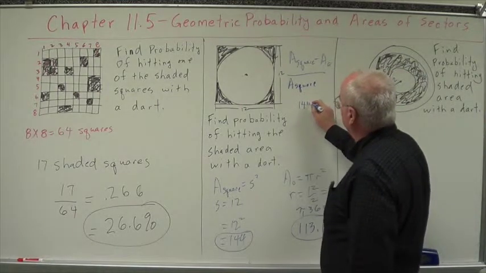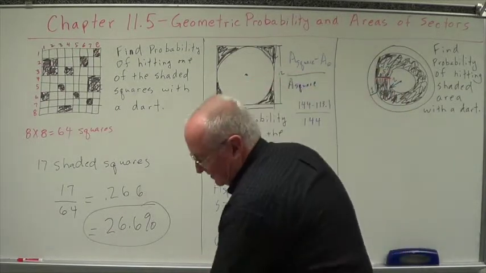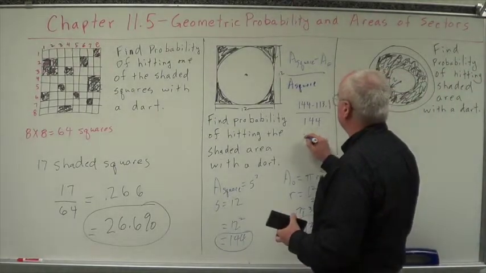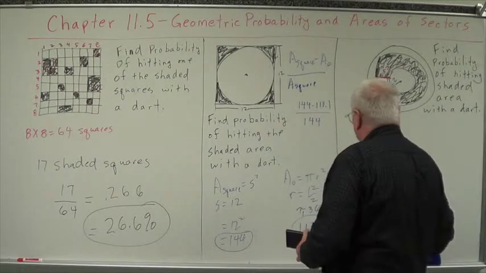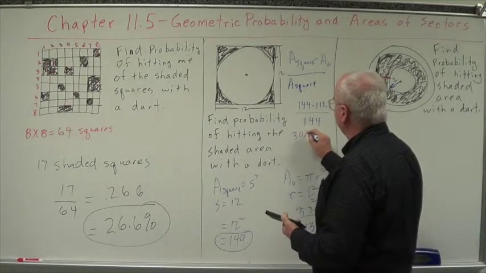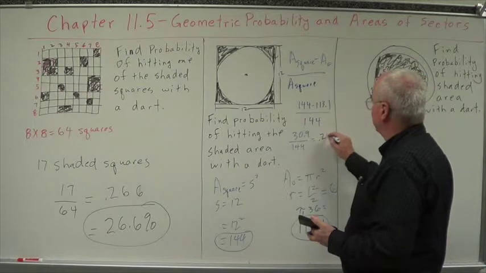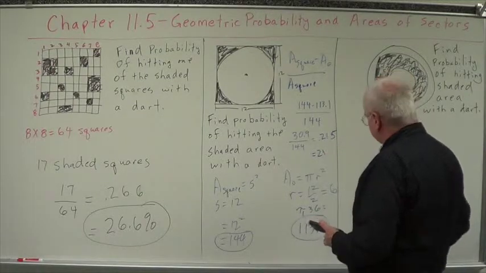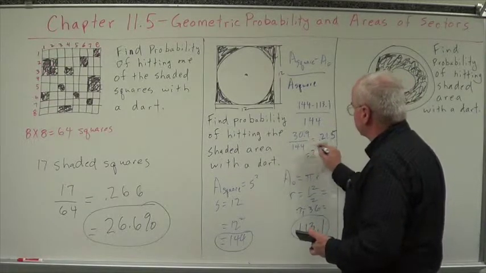Okay? Now let's go back up here to this equation that we set up. We've got 144 minus 113.1, all divided by 144. So we've got 30.9 divided by 144 equals 0.215, which is 21.5%.